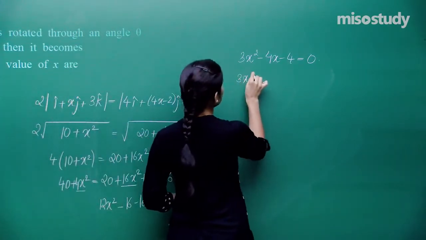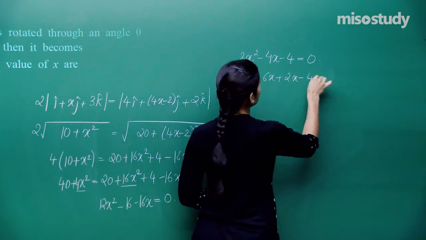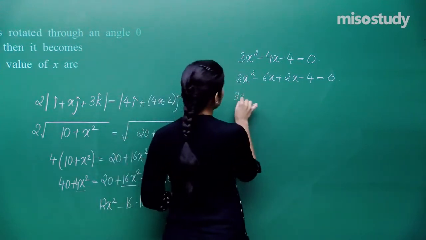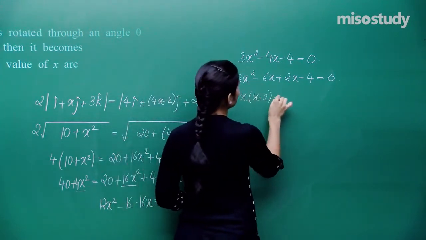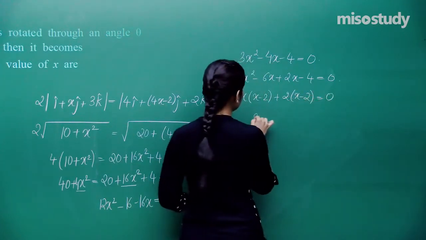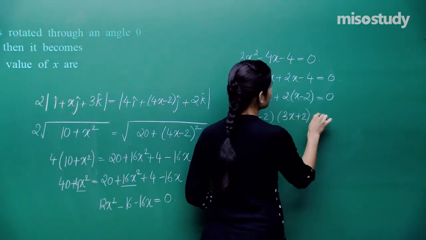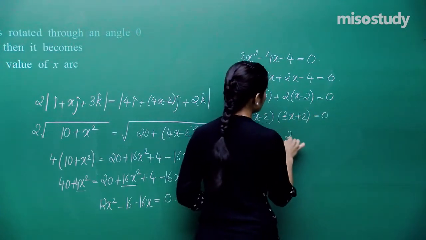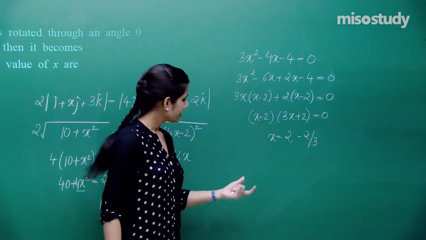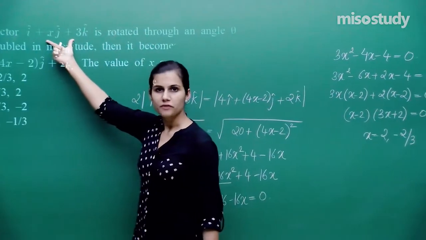This gives you 3x square minus 6x plus 2x minus 4 equals 0. 3x times x minus 2 plus 2 times x minus 2 is 0. You get x minus 2 and 3x plus 2 as factors. X comes out to be equal to 2 and minus 2 by 3. For these values of x, when I plug it in here, I get the magnitude of this particular vector.